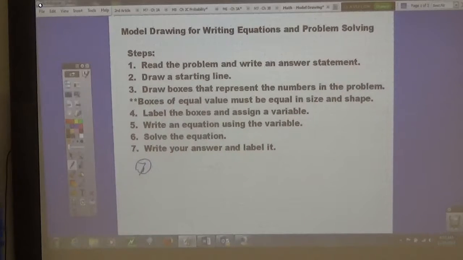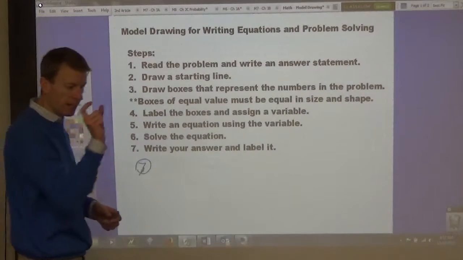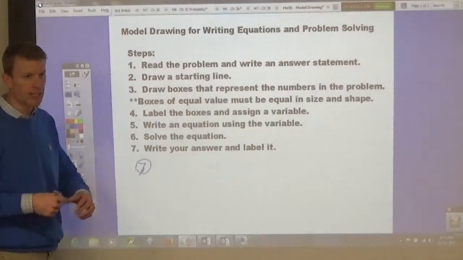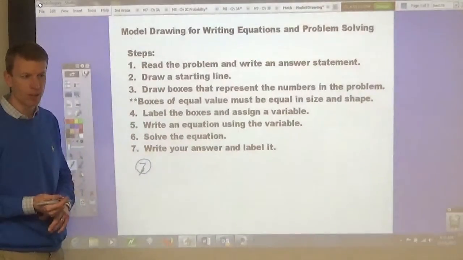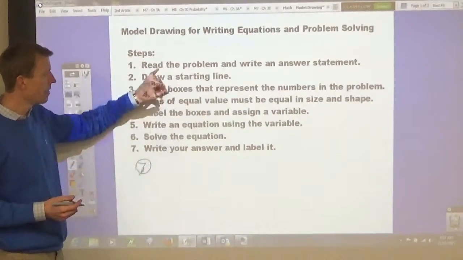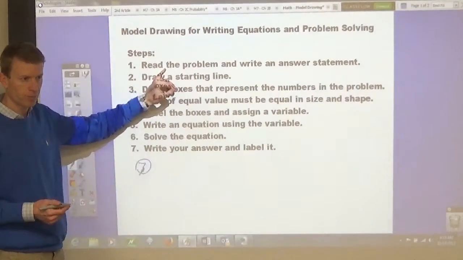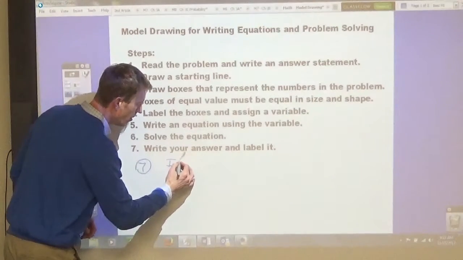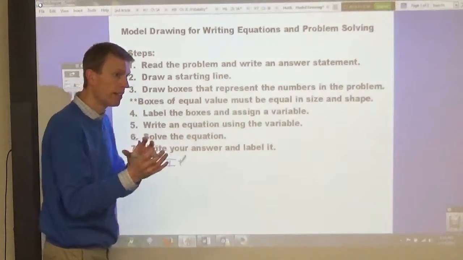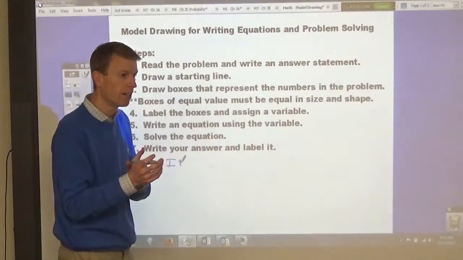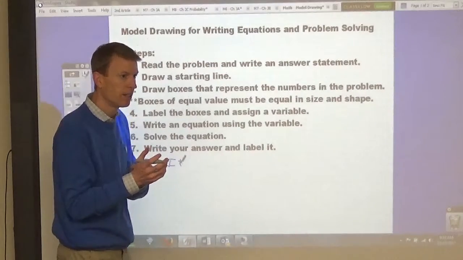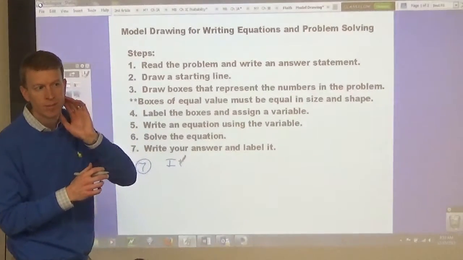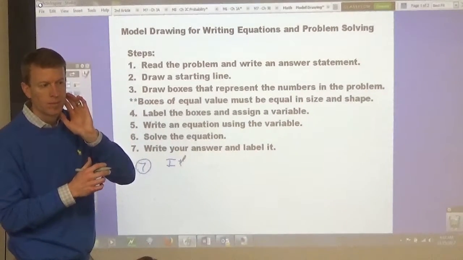All right? So, let's go back to that last part, write an answer statement so we know exactly what it is that we're finding. What's the answer statement we should write? Danny? 686. No, what are we exactly trying to find in the problem? How long it takes Mercury to go around the Sun.